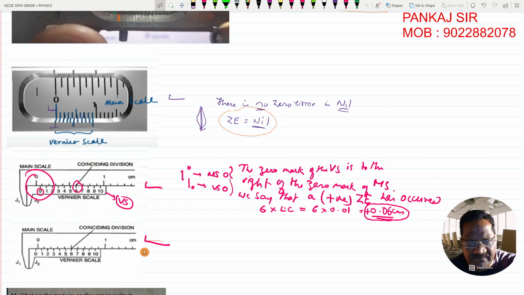In the second case, you can see a similar situation, but a slight difference. The 0 of this vernier scale is to the left of the 0 of the main scale.